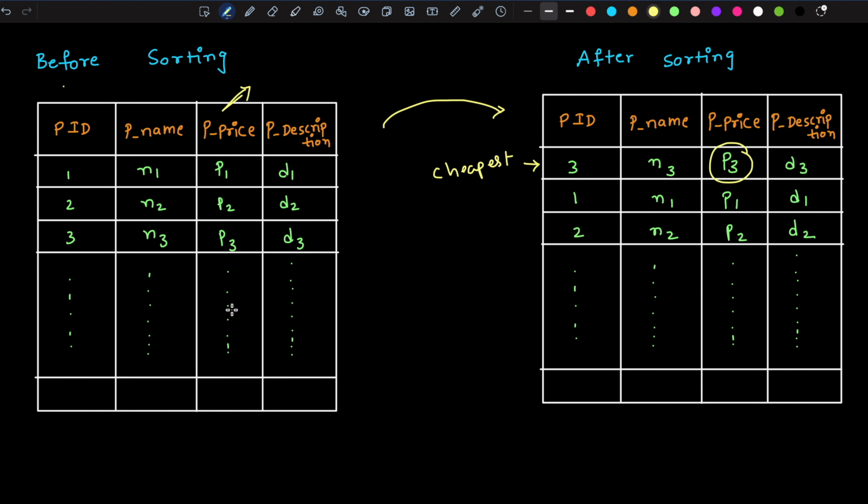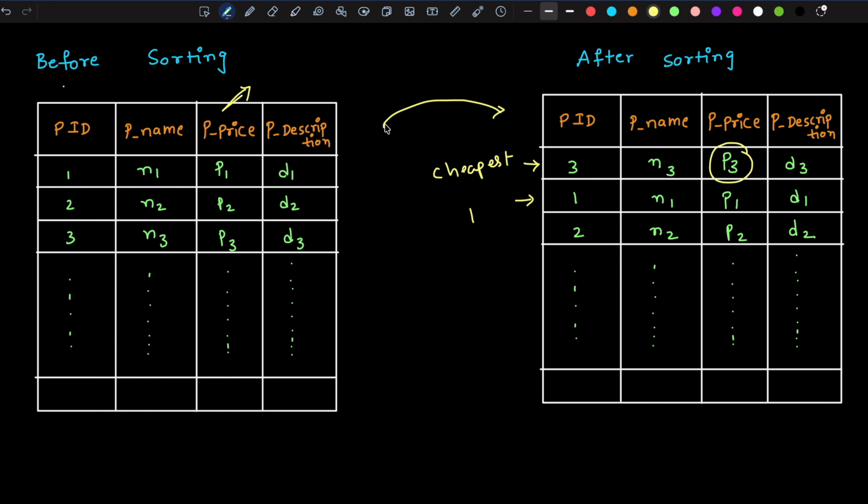The next, the second cheapest product among all the data I have, is P1. Then I have P2 as the third cheapest and so on like this, right?